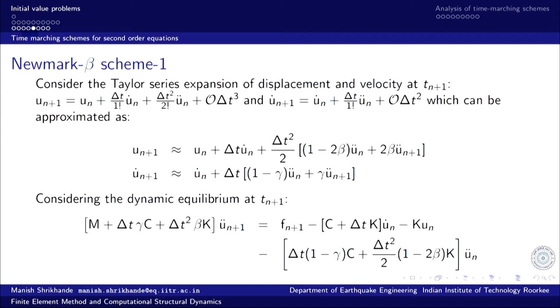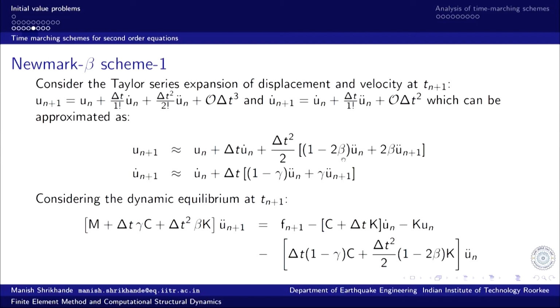a linear combination. This is kind of a relaxation parameter that we had encountered earlier while using the Jacobi iterative solver, successive over relaxation. So, it is something like that, the weighted sum of the previous time step and the current time step values, u n and u n plus 1, and acceleration at the nth time instant and acceleration at the n plus 1th time instant.